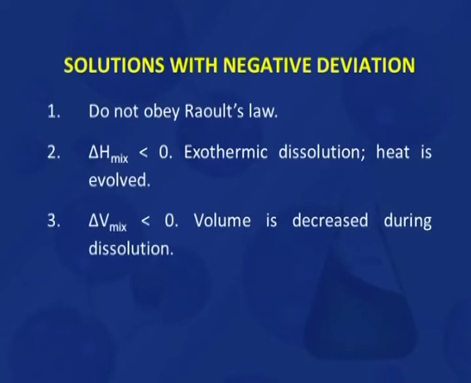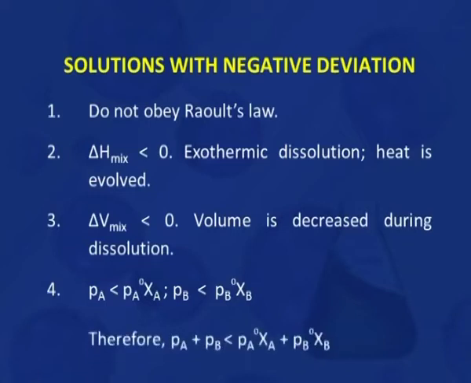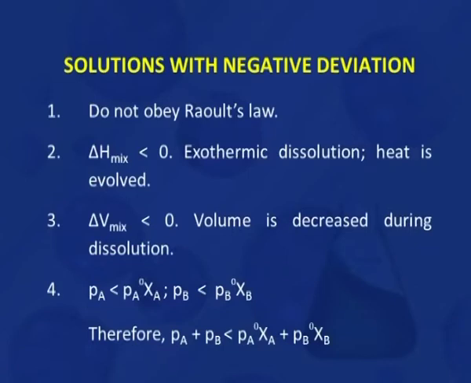Delta V mixing is also less than 0, which means volume is decreased during dissolution. Pa is less than P naught A x A and Pb is less than P naught B x B. Similarly, Pa plus Pb is less than P naught A x A plus P naught B x B.